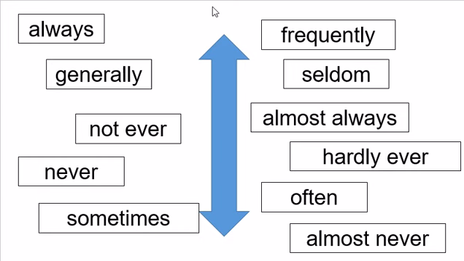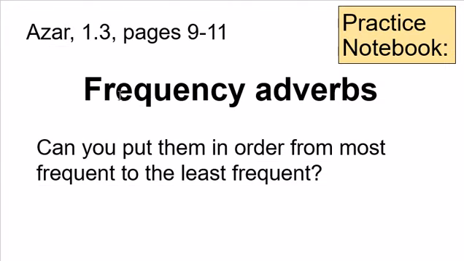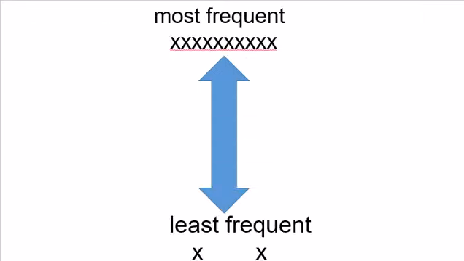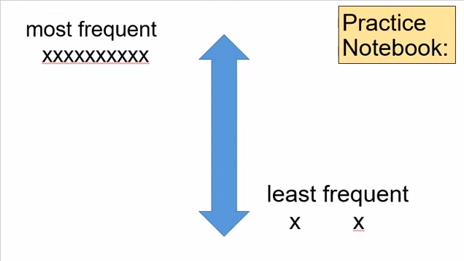So the most frequent at the top and the least frequent at the bottom, okay? When you're talking about frequency adverbs, I'm talking about routines, habits, and how often you do these actions, okay? So here's the answer key. So pause the video so you can write in your notebook. Here are the answers.